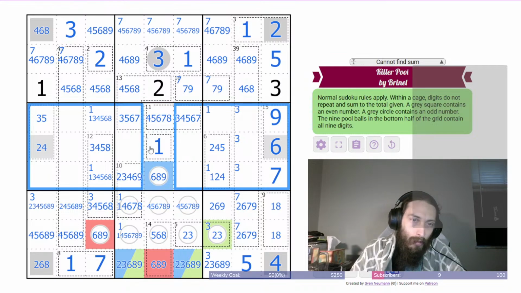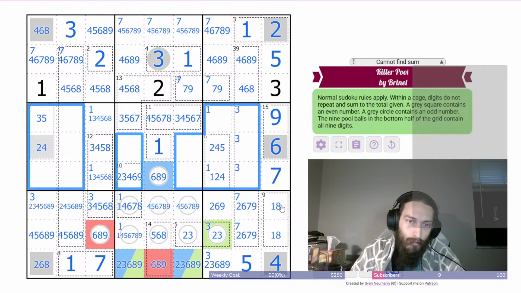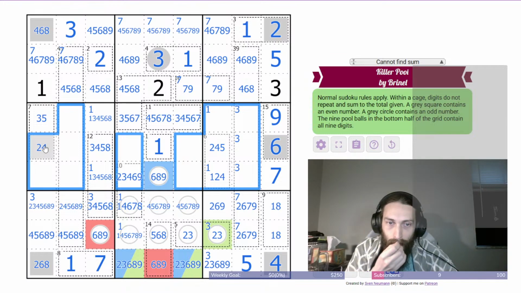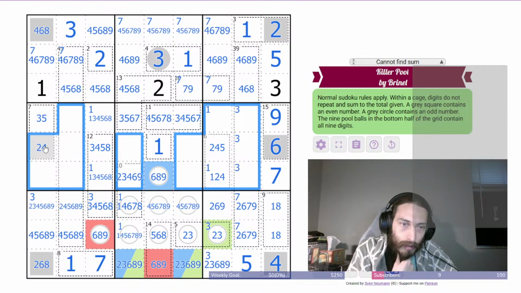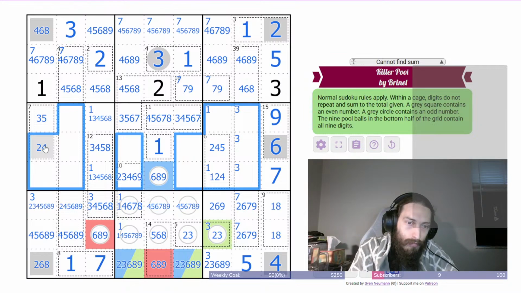Because you can't put 2 here or here. It can't go there, and it can't go there. And both of those can be 2. That can't be 2 because it's paired with an even digit. Is there any reason 2 is removed from anything else? I don't think so. Yeah, don't think so.